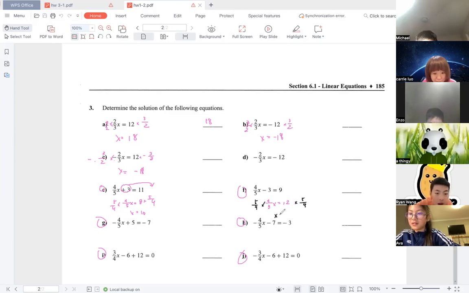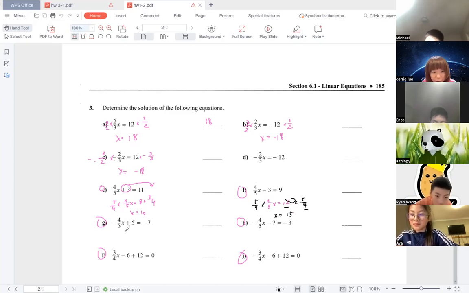So x equals 12 times 5/4. 12 divided by 4 equals 3, so 3 times 5 equals 15. So that will be quicker. Number G, very good, Eva, you figured it out.